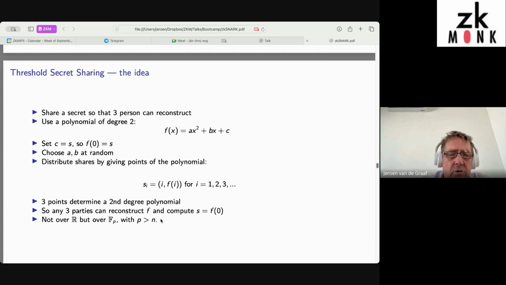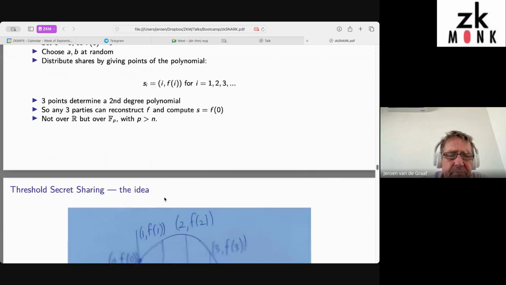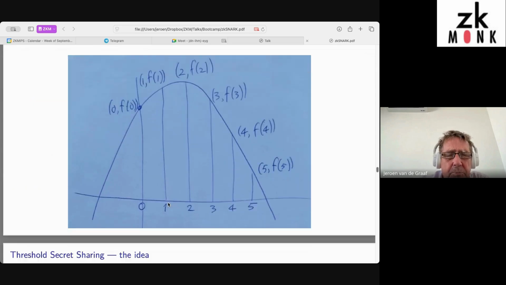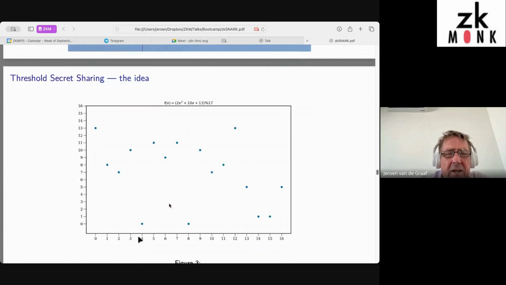So what I did is I'm going to use p equals 17. And now what you get is very funny, because if you make a graph of this polynomial modulo 17, it's completely crazy, because over a finite field you have very nice properties of polynomials, but you don't have continuity.